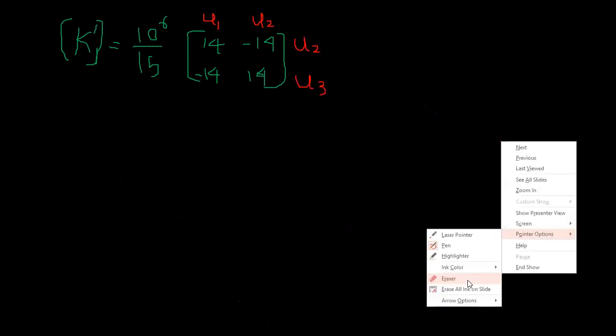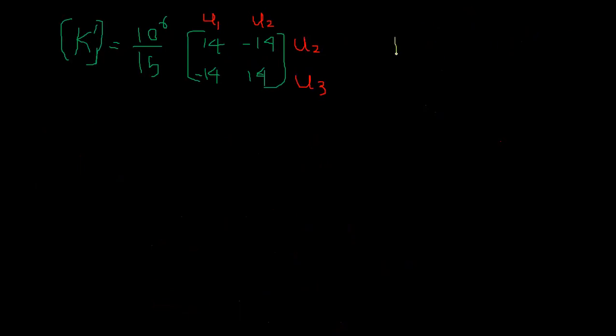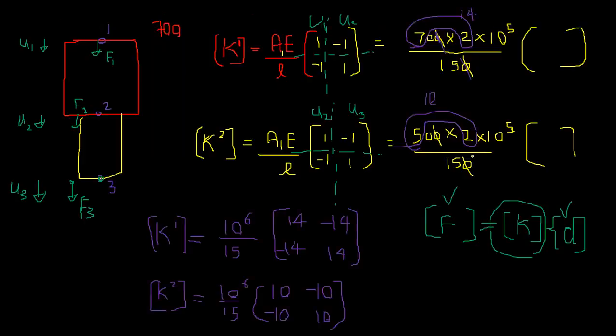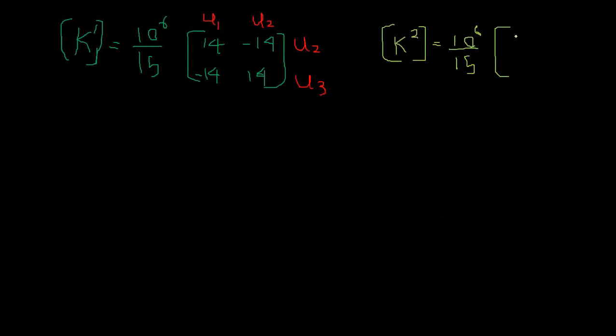Right. So the second element I can write K2, not K squared, okay? It's K2. That's going to be 10.